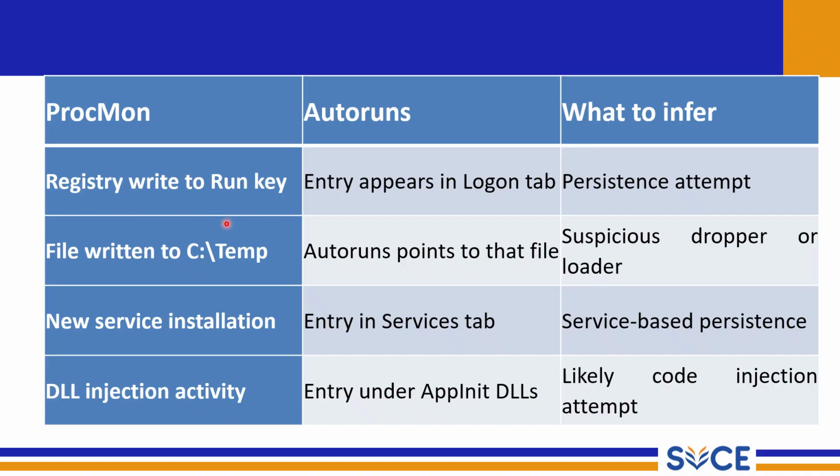In Autoruns, an entry also appears in the Logon tab, so persistence is being attempted. And if ProcMon shows a file written to C:\Temp, Autoruns will point to it, since it is static, so a suspicious dropper or loader will be spotted from it.